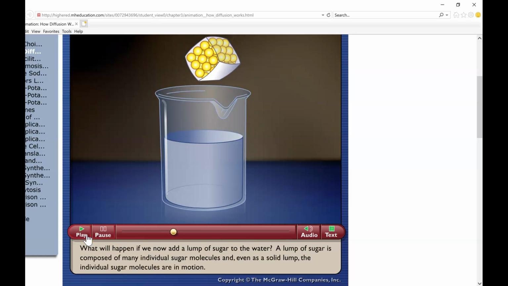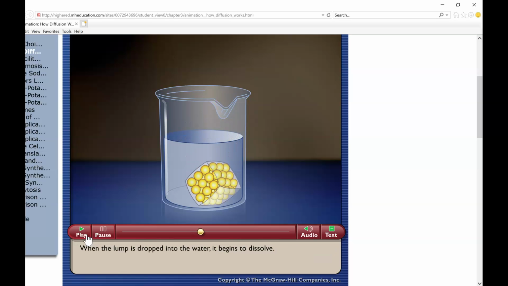What will happen if we now add a lump of sugar to the water? A lump of sugar is composed of many individual sugar molecules, and even as a solid lump, the individual sugar molecules are in motion. When the lump is dropped into the water, it begins to dissolve.